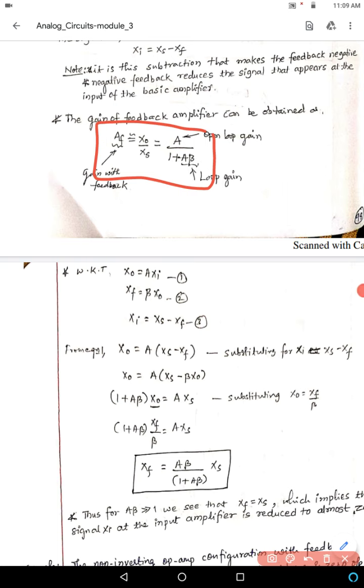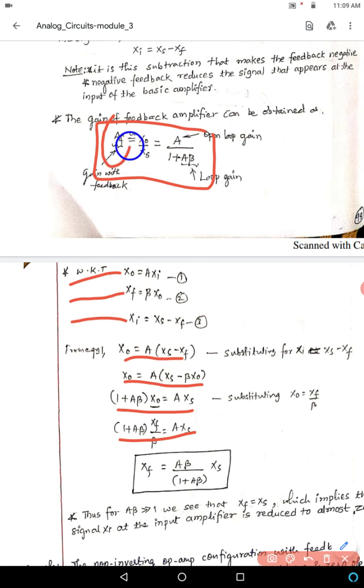Again, by taking the output voltage, feedback voltage and the input voltage after feedback, and some simple mathematical equations, you can find the equation AF equal to A divided by 1 plus A beta.